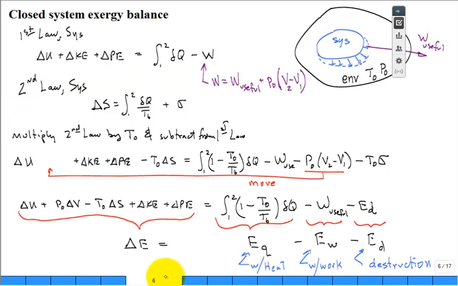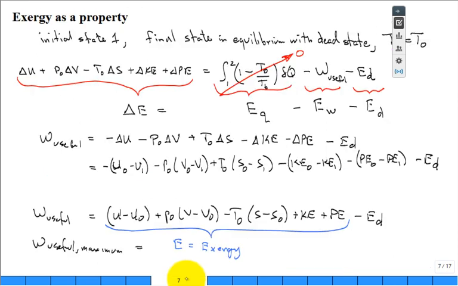Now, I'll need a new combination of properties for my property exergy. Here's the long derivation, and the bottom line would be something like the exergy, if you put it on a per unit mass basis, lowercase e, is going to be lowercase u minus lowercase u naught. We'll get to the naught in a minute, but it's like state zero.